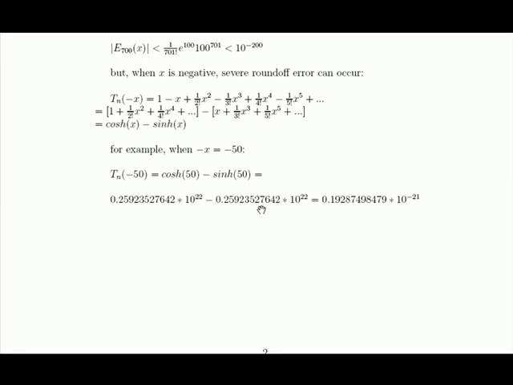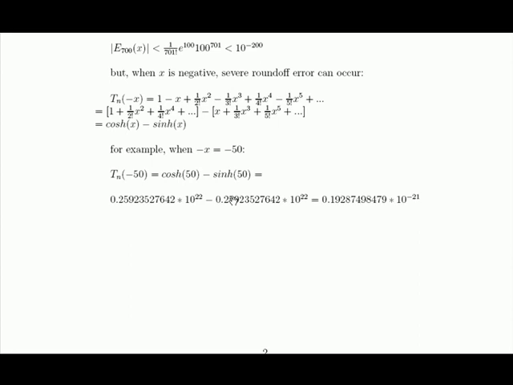In fact, since e to the minus 50 is on the order of 10 to the minus 21, these two must agree out to about 42 or 43 decimal digits. You can see that they agree exactly to the number of digits we printed out, but they actually agree out to about 40 digits. They only differ in the 41st or 42nd digit, which is total garbage because we simply can't store that many digits on our computer.